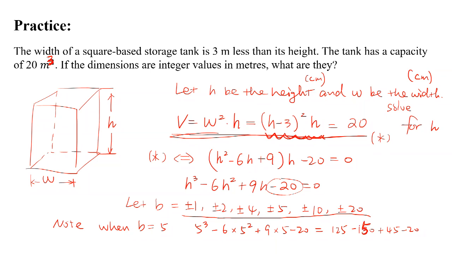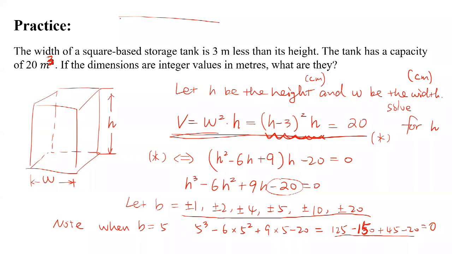Sorry, this should be 150, not 140. So if we check these numbers, this is 0, right? So that means h minus 5 must be one factor.